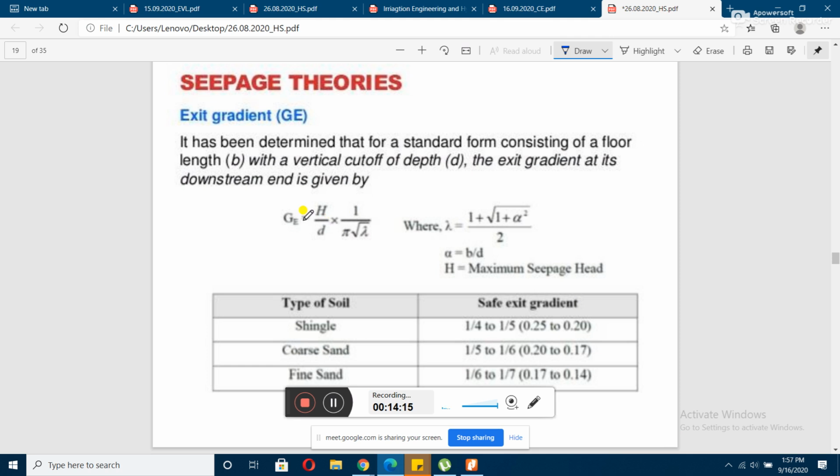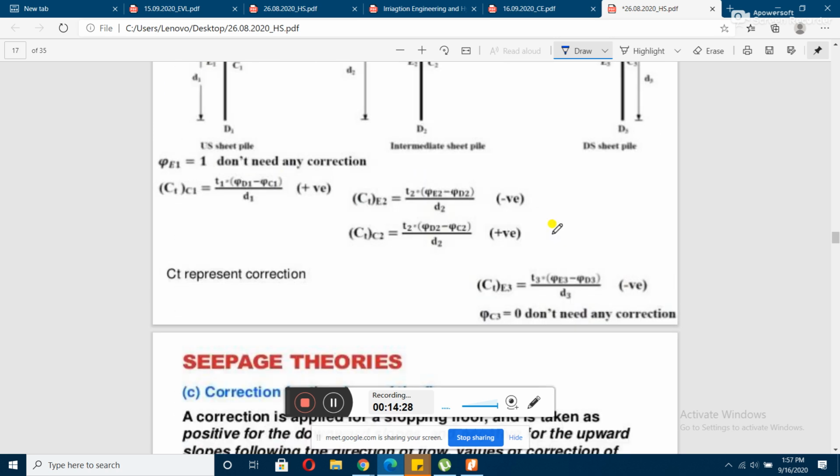You can see that the exit gradient is equal to H by d into 1 by pi root over lambda. Lambda is already calculated, right? It was calculated while considering the pressure value.